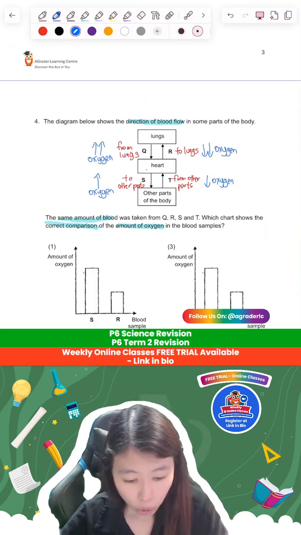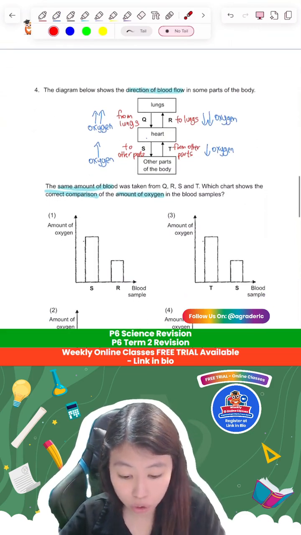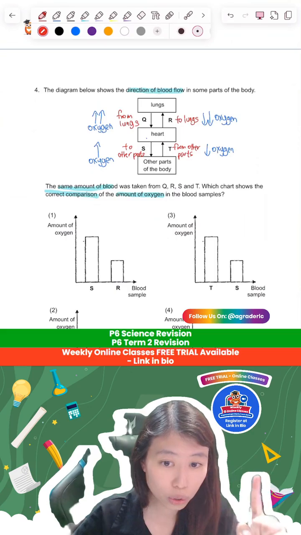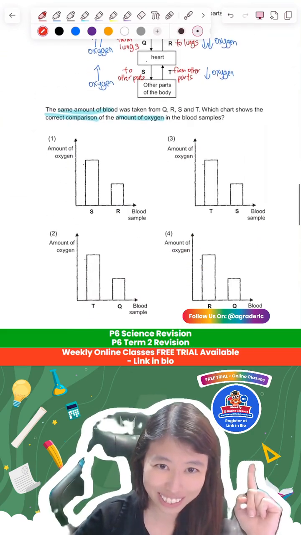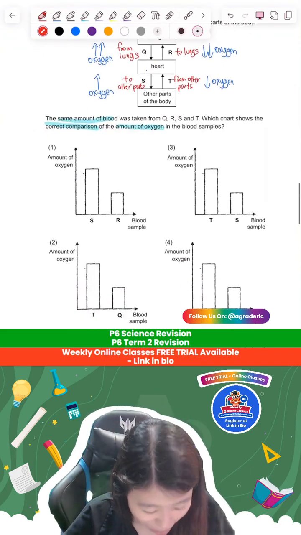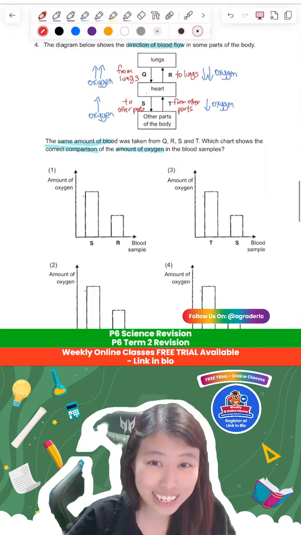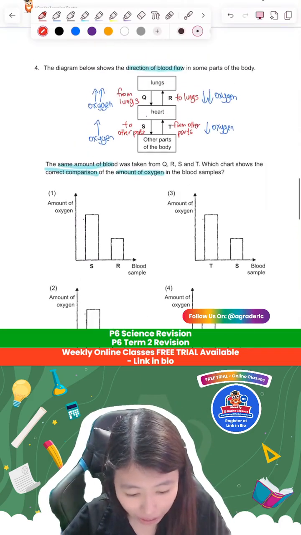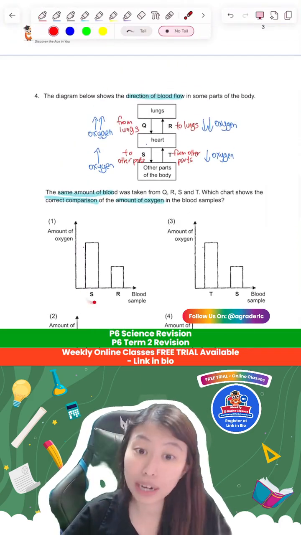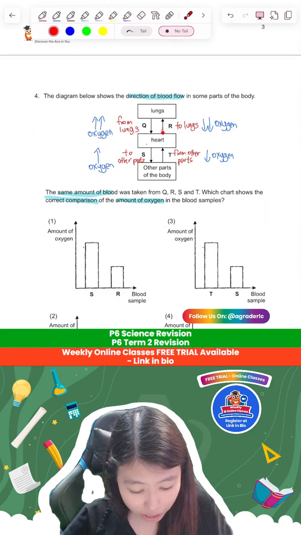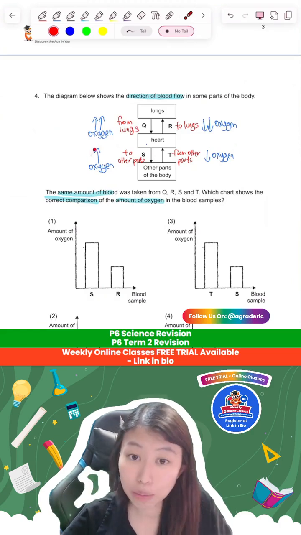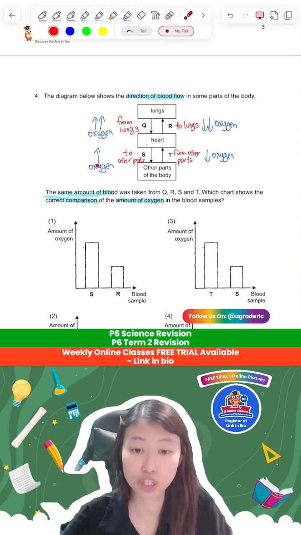So if you look at your graph, those of you who chose number 1, you got it correct. The answer is number 1, but let me explain why. Number 1 is asking you to compare S and R. S has high amount of oxygen, not the highest, but still high.